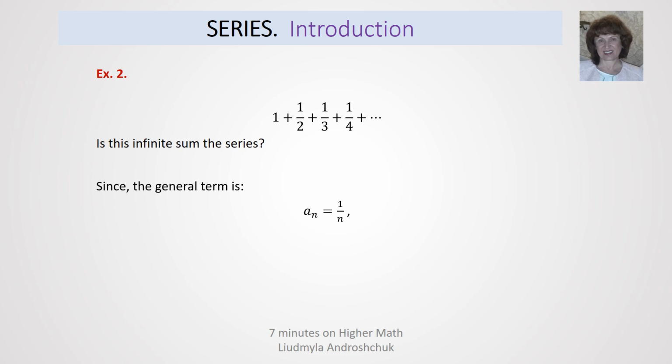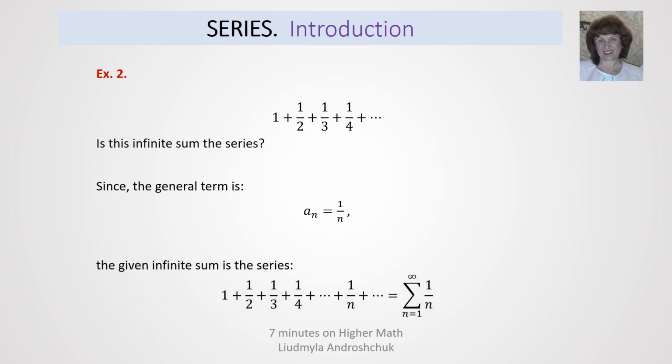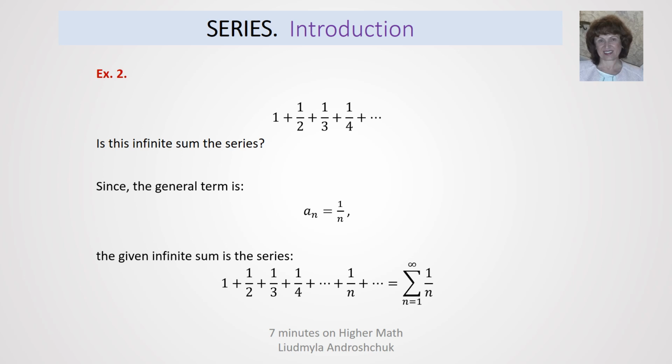The general term exists, and this is a function of number n, 1 over n. So this expression is a series and can be written like 1 plus a half, 1/3, 1/4, plus and so on, plus the general term 1 over n, equals sigma, when n changes from 1 to infinity, of 1 over n.